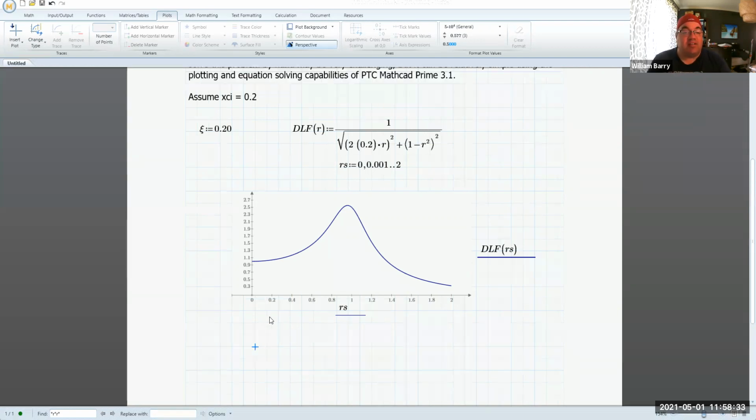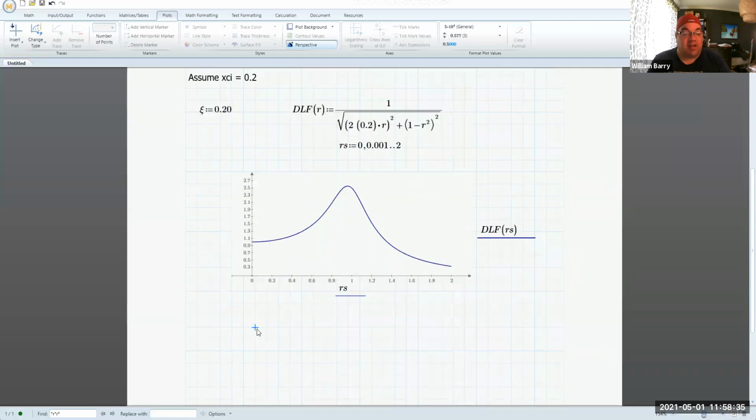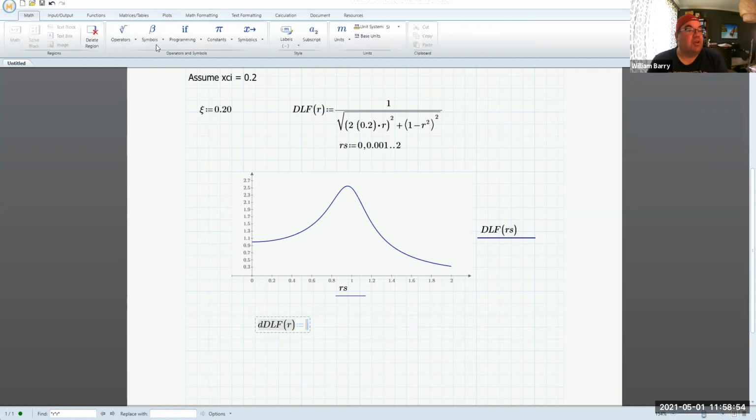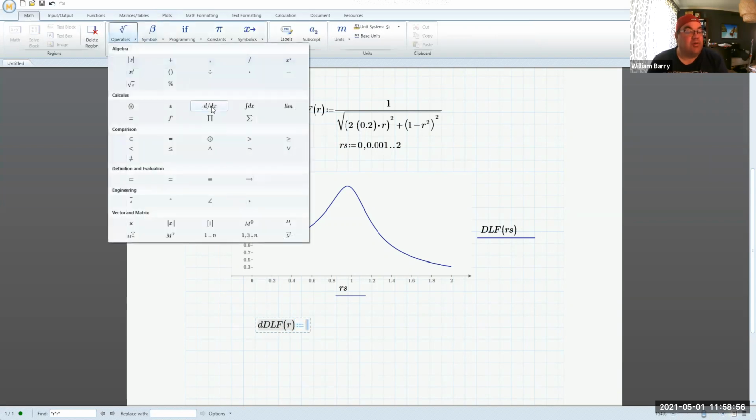So we need to take the derivative of the DLF, and we can do that pretty easily. Let's create a variable, and I'll just call it dDLF. The lowercase d, in my mind, stands for the derivative of the DLF, and this is also going to be a function of R. We'll assign that to the result of using a derivative operator.